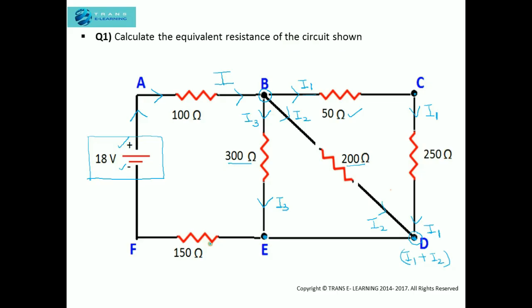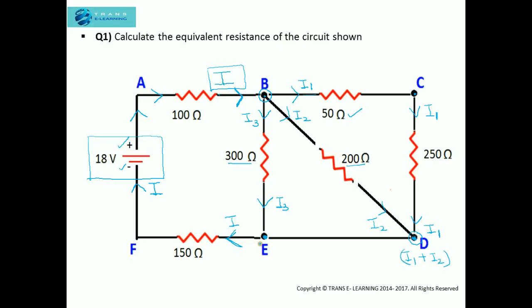We know, as per the junction rule, that the algebraic sum of the current entering the junction should be equal to the algebraic sum of the current leaving it. So if this current I is entering this junction, this I should flow out of it and reach the negative terminal of the battery.